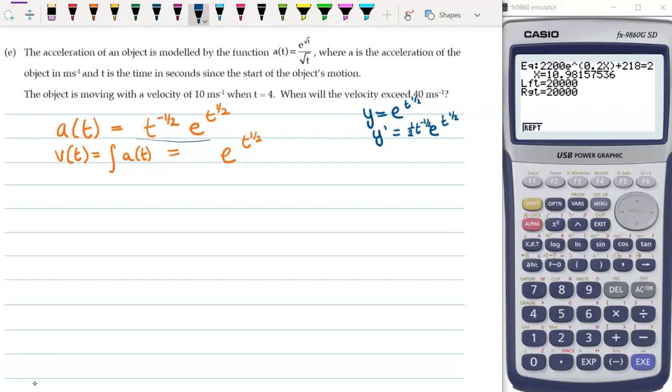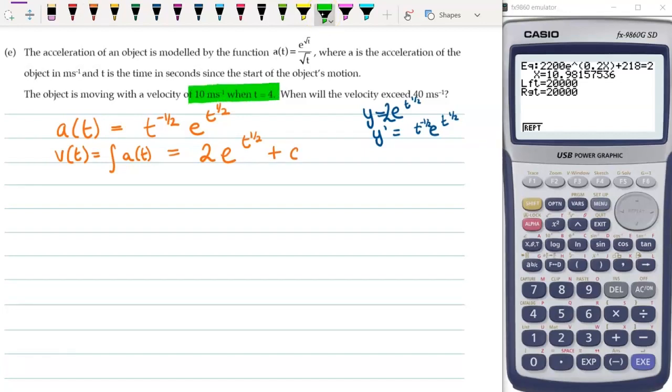Now that's almost what we've got here, but this is a half and this is a whole one. So then, let me just pop that back in. This needs to start off as being a 2 times that much so that we get the exact thing that we want to compensate for that half. And that integral then will be a 2e to the t to the half plus c.